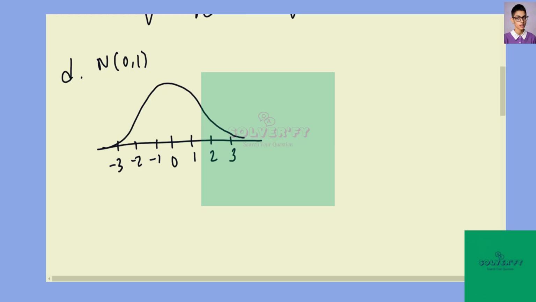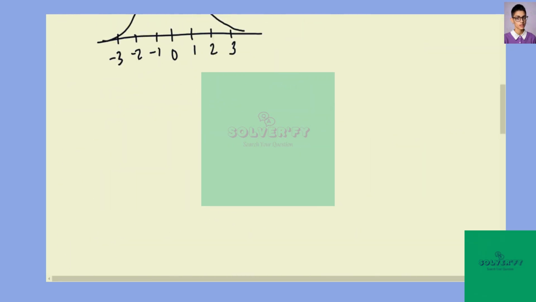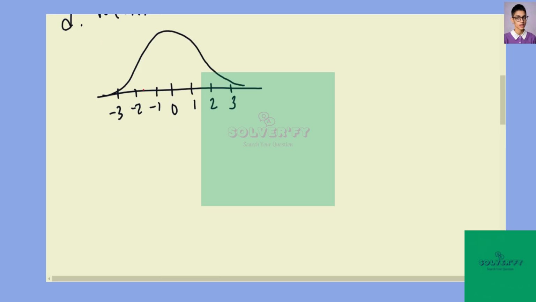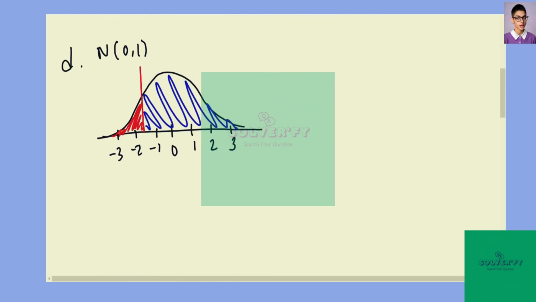First we'll graph our critical value at negative 1.65. Then we'll shade in the area below that, and that's our critical region. Shaded in blue is our non-critical region. And our test value is in green at negative 1.38, so about there, and then we'll shade that in.